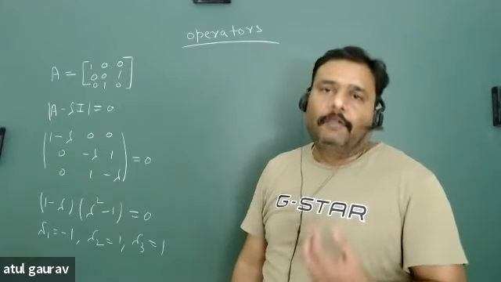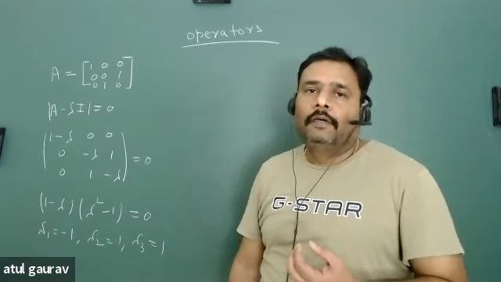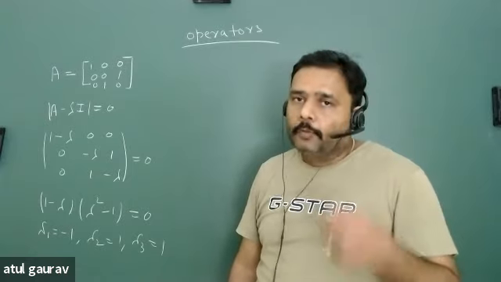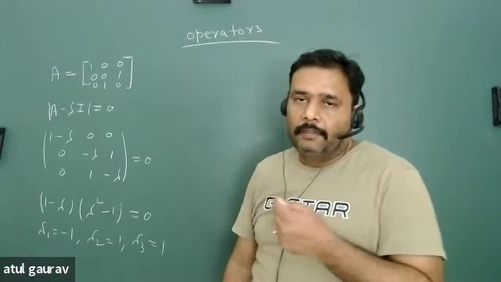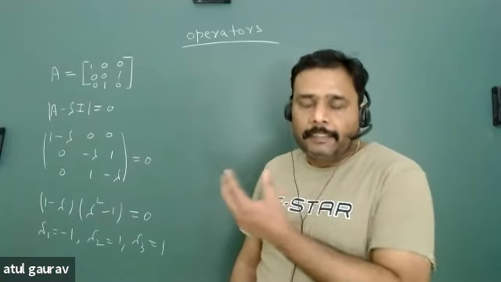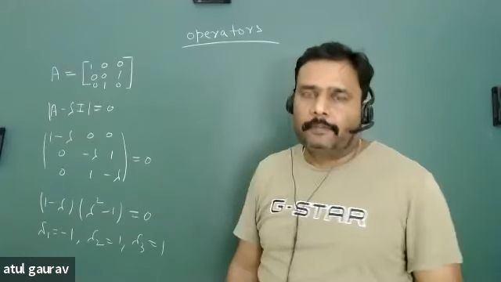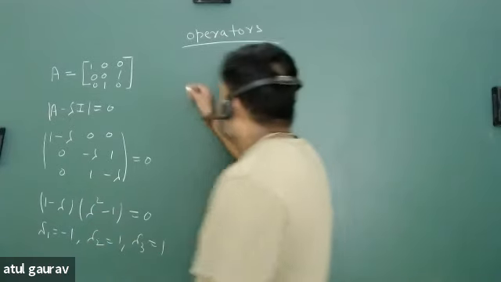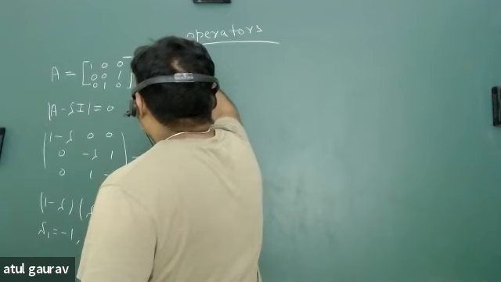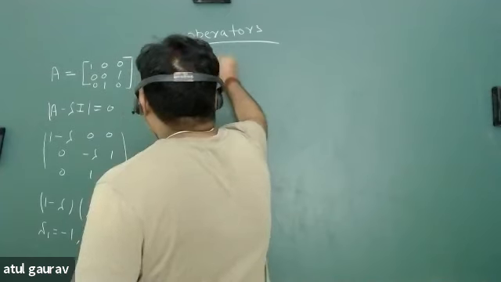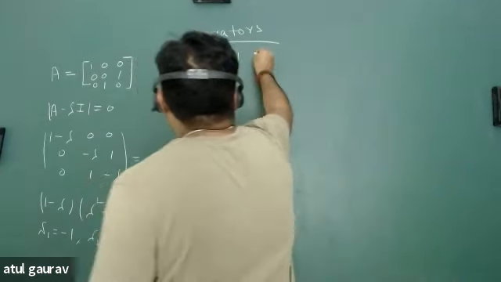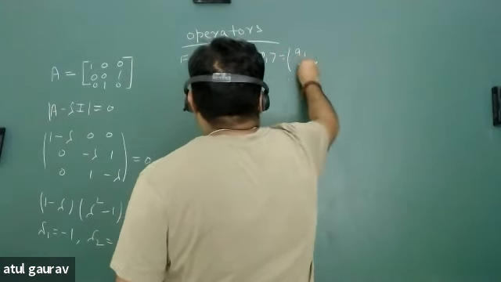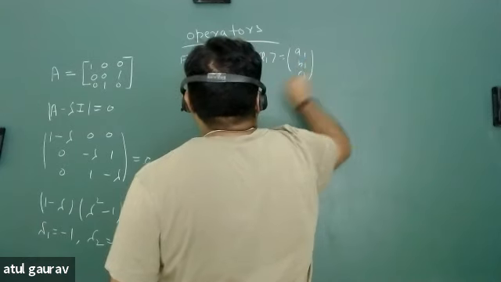And obviously, we will always try to find orthonormal vectors, because I want to use them as unit vectors, something like i, j, k as unit vectors as well as basis vectors. So we will use all this concept. Let's say for lambda 1 equal to minus 1, phi 1 is identified as a1, b1, c1.